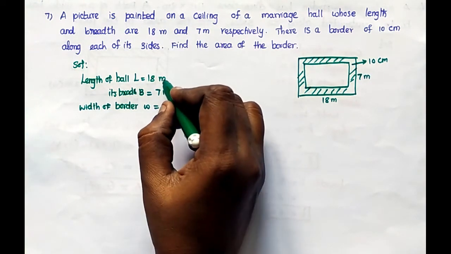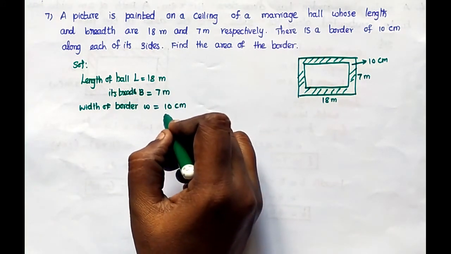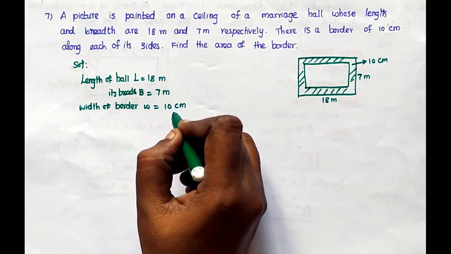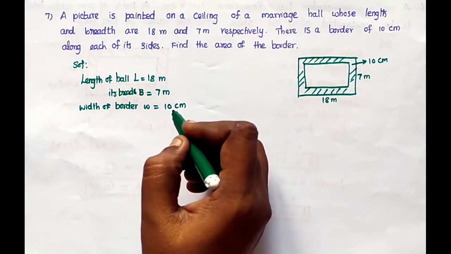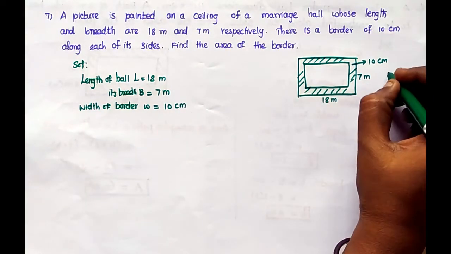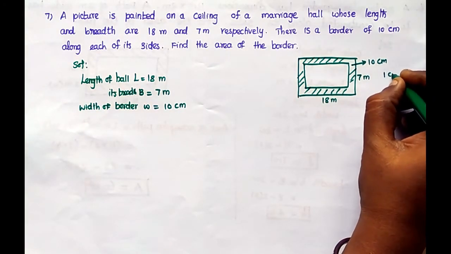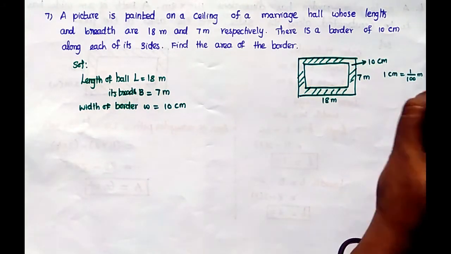Listen, length and breadth are in meters but the width is given in centimeters. So we want to change it into meters. How will you change into meters? 1 centimeter equals 1 by 100 meter.